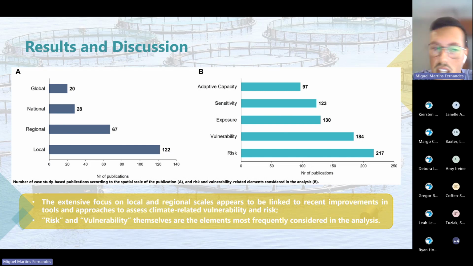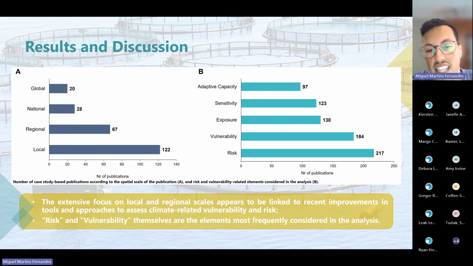And another thing is that national studies can also be underestimated here, because national reports sometimes have these risk assessments, but they do not appear in these platforms like the Web of Science. So it is expected that there are a lot more national studies, so it is underestimated here, maybe.